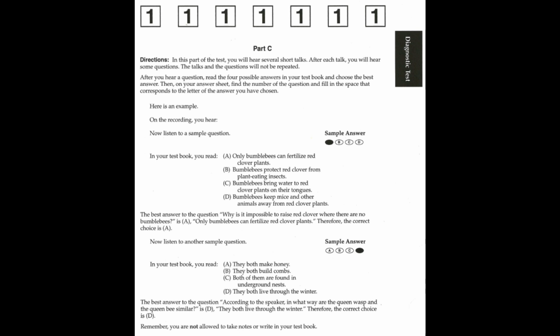The best answer to the question, according to the speaker, in what way are the queen wasp and the queen bee similar, is D. They both live through the winter. Therefore, the correct choice is D. Remember, you are not allowed to take notes or write in your test book. Go on to Part C.